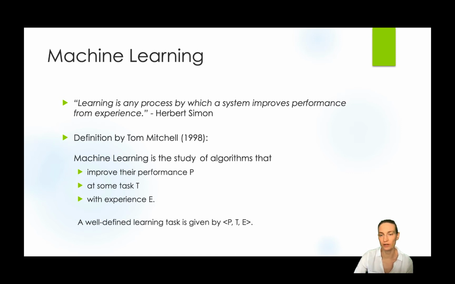Tom Mitchell uses a definition that says machine learning is the study of algorithms that improve their performance P at some task T with experience E. Okay, so any well-defined learning task is given by T, P, E, the triplet. We'll be coming back to this definition in a little bit.